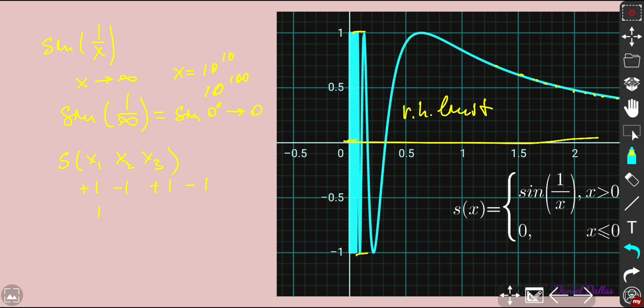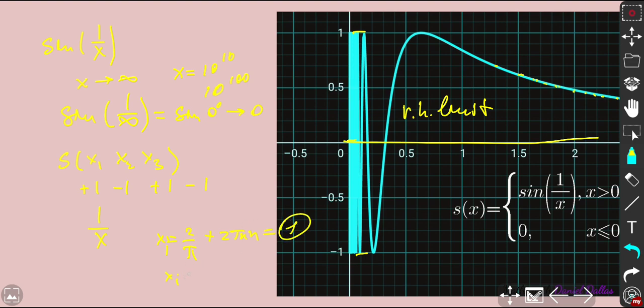Let's say for sine of 1 over x, you can take the x value as, let's say, 2 over pi, and just add the period 2 pi n if you like. In both cases you'll get +1.